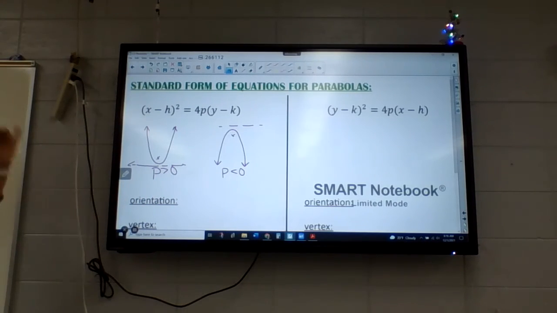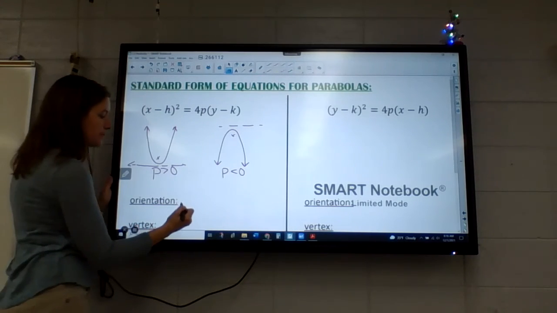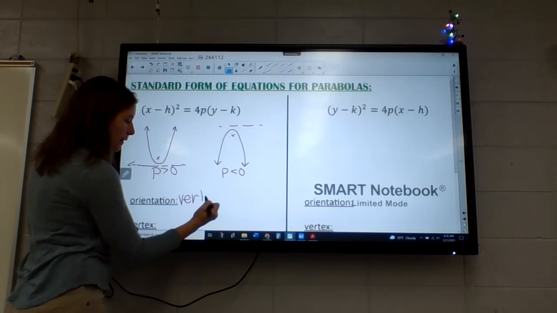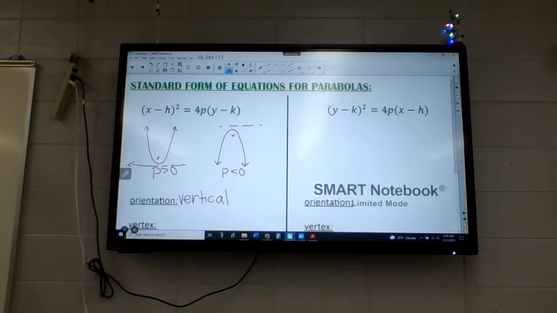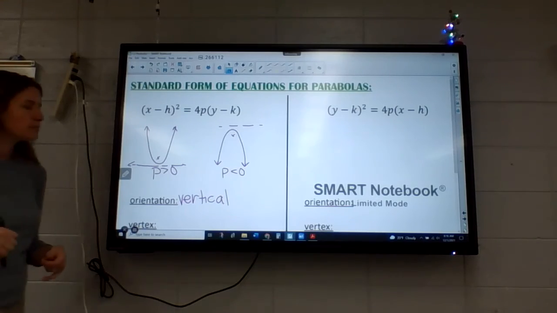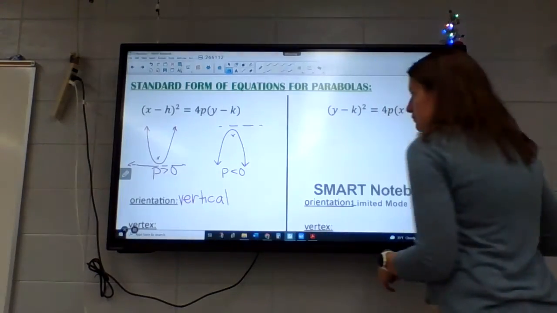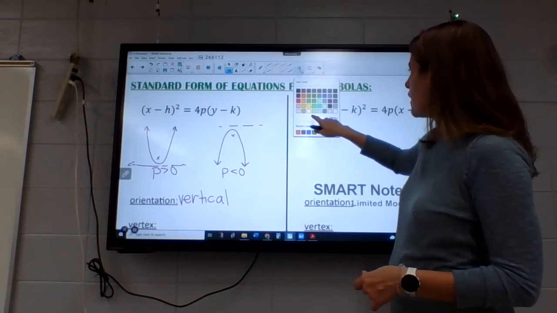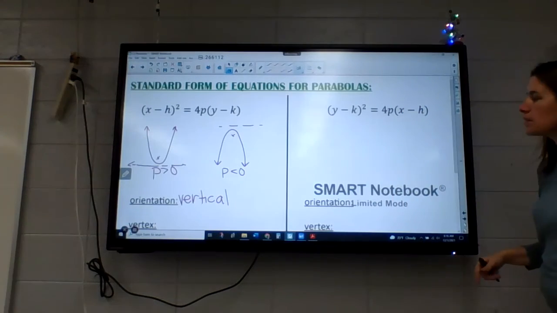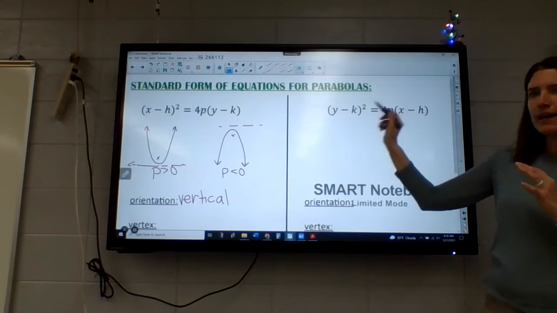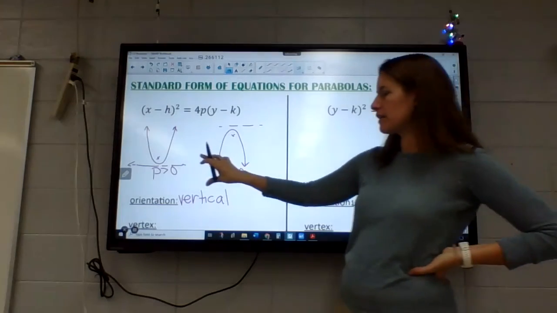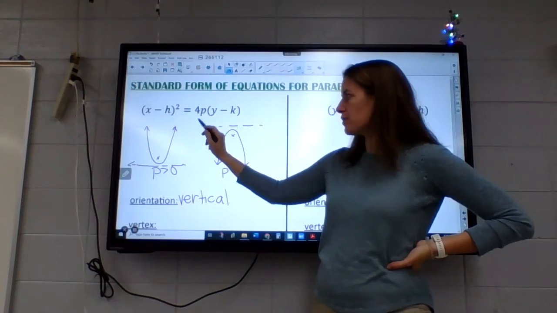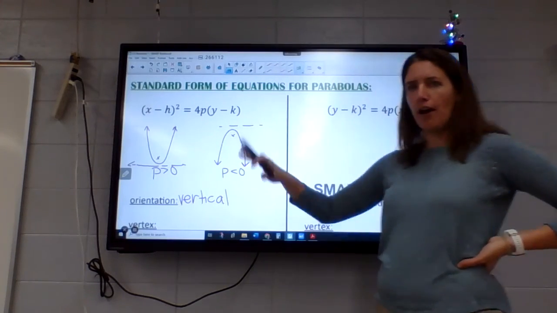So, orientation, we're going to call this vertical. And we'll come over here and do this one. Now this one, again, the y is being squared, so this is going to open to the left or right. And just so you're aware, these are 2 separate graphs, so these aren't on the same graph paper.